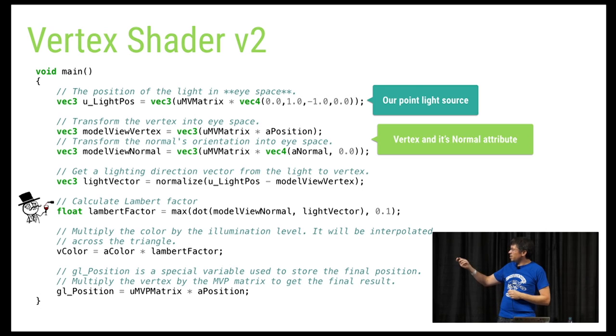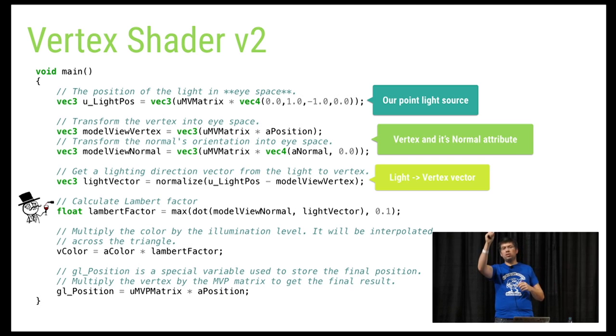Transforming the vertex into eye space. So we're applying the same model view transform to our vertex and our normal, because all these three things, along with the light source, are going to be used in the calculations to find out what color we should be giving our vertex. Then we get a light direction vector from the light source to the vertex.